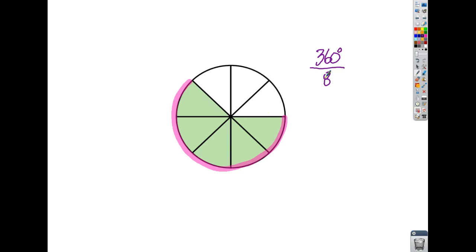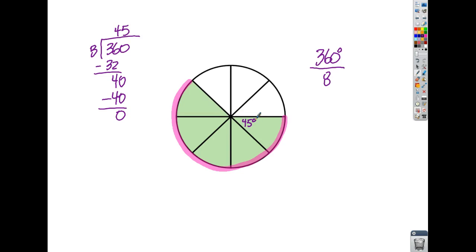We have 360 and we want to break it into 8 pieces. 8 goes into 3 0 times. 8 goes into 36 4 times, which uses up 32, leaving 4. Bring down the 0, I've got 40. 8 goes into 40 5 times, giving a remainder of 0. So now we know each of these angles is 45 degrees.